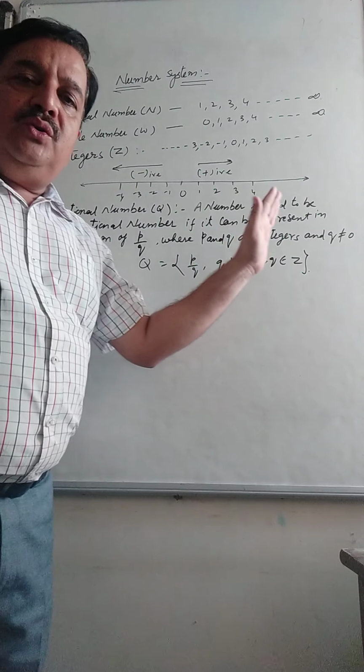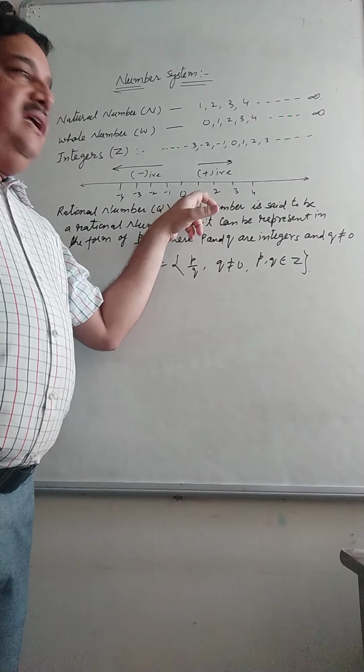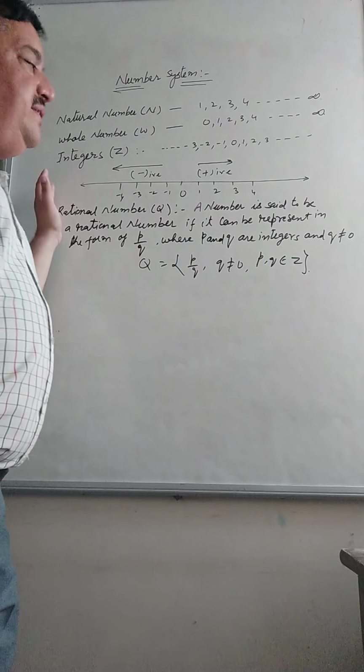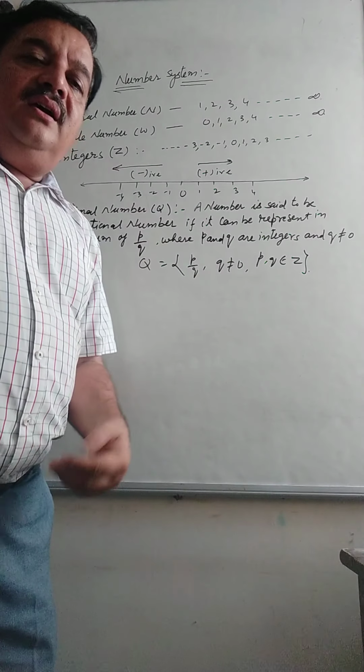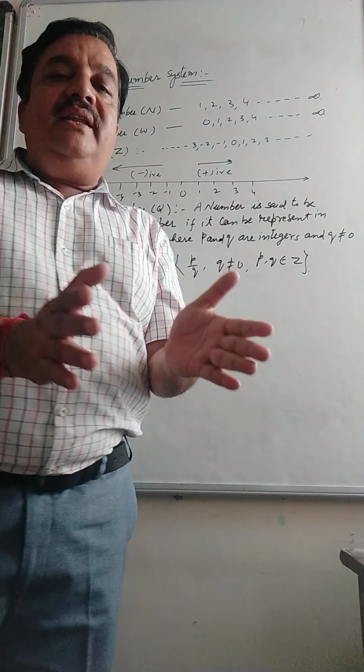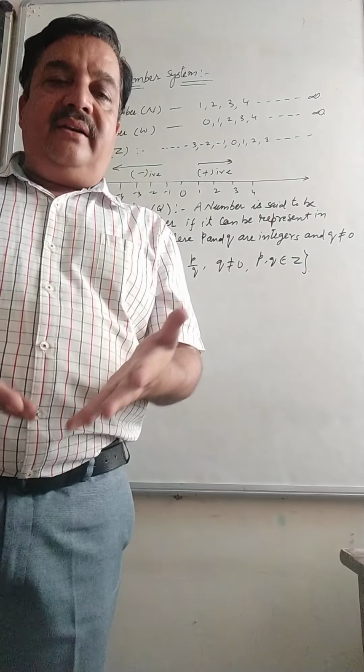All the numbers on the right hand side are positive. All the numbers on the left hand side are negative. Because they have a sign with them, they are called directed numbers.